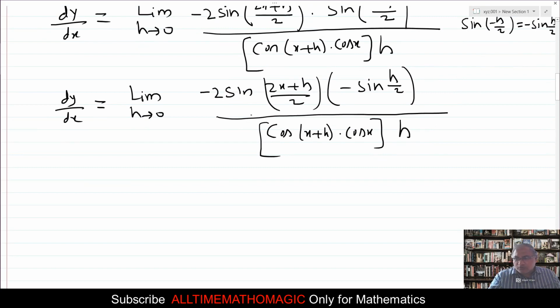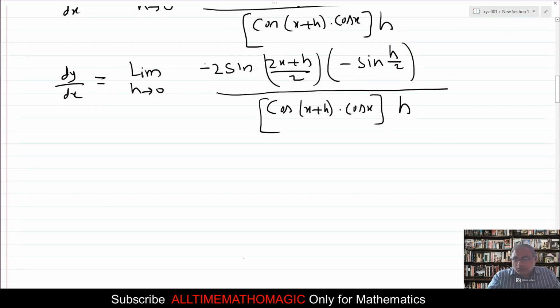Now here is a minus, here is a minus, and they are getting multiplied. Therefore, minus into minus equals plus. So both the minus signs will go away, and in that place the plus will come.